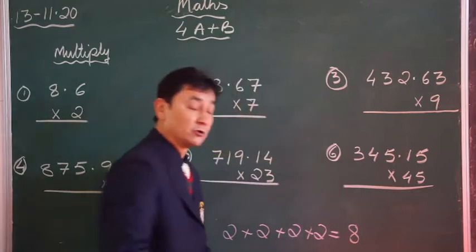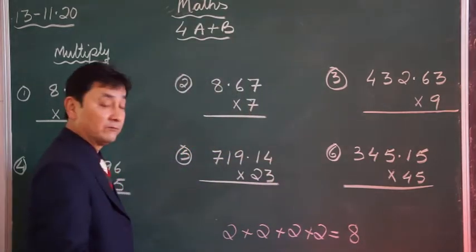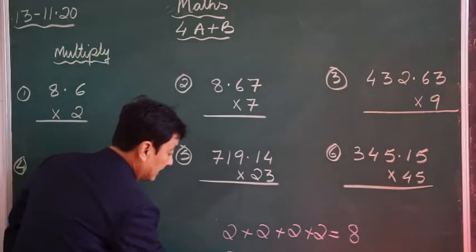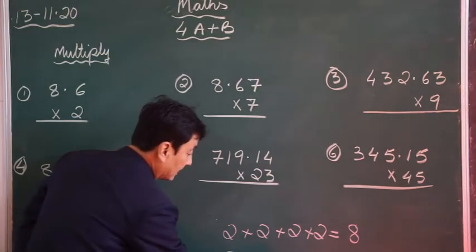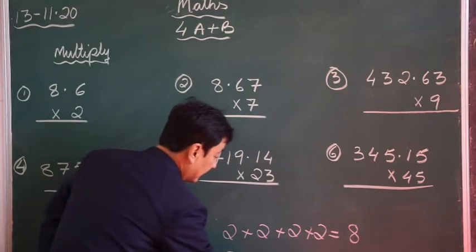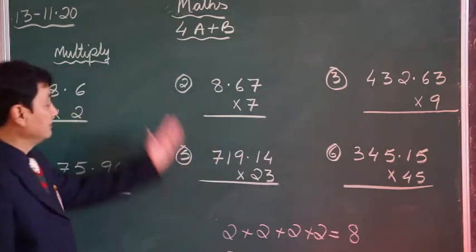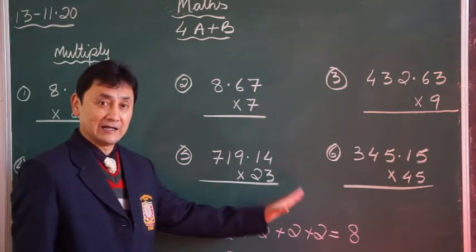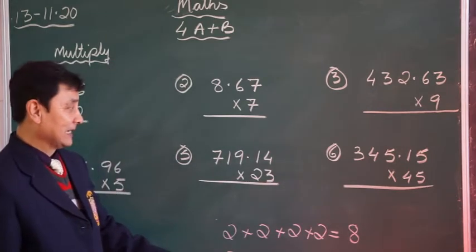If you want a quick calculation, a faster way is this: what number is this? 2. How many times has it been repeated? 4 times. 2 fours are 8. So what is multiplication? Multiplication is repeated addition, and it is a faster way of calculating.